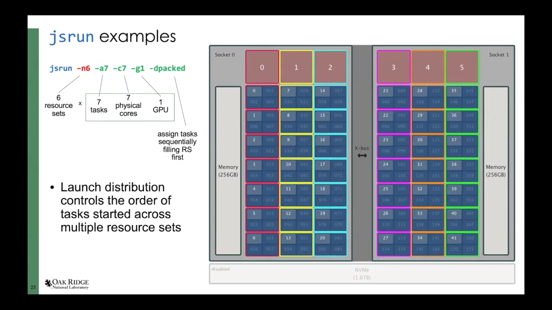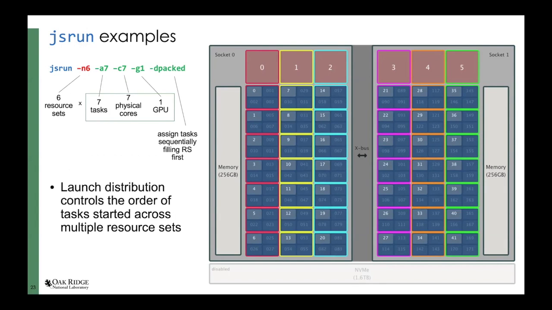In which case, you would need to increase the number of tasks as we did here. So you can see here we're still starting 6 resource sets. Those resource sets still have 7 physical cores, but now we've told the system to start 7 tasks per resource set. And we left GPU at 1. And so you can see here how the system would lay this out on a single node.